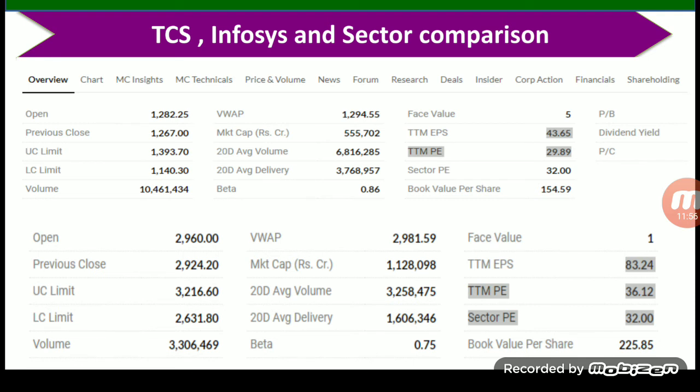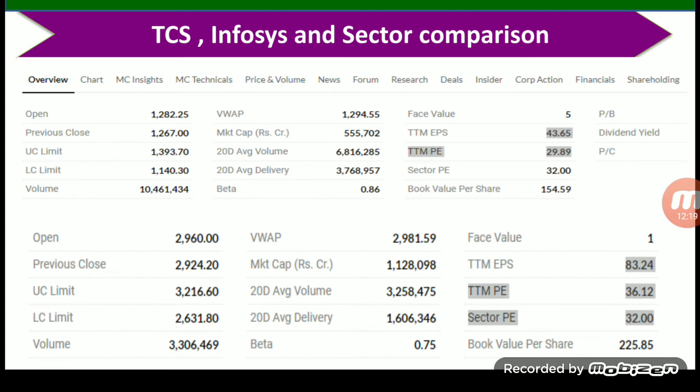So the brand value and the quality of stocks, why people are ready to pay such a high price, is also a consideration. And if the P ratio is lower, it means the stock has corrected, that is, the price of the stock decreased.